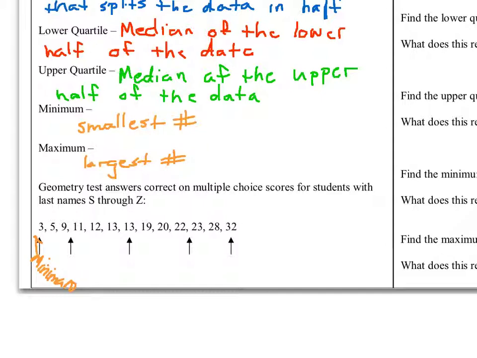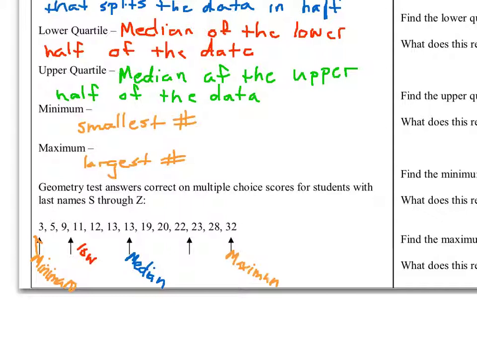Which means the one on the far right must represent our maximum. The one in the middle probably represents our median. And between the minimum and the median is the lower quartile.